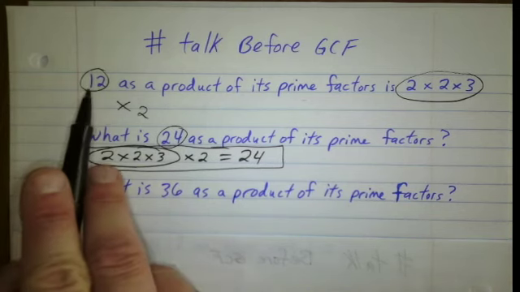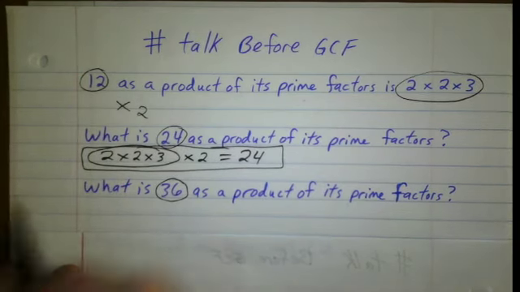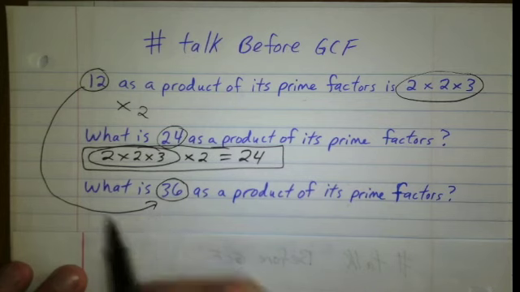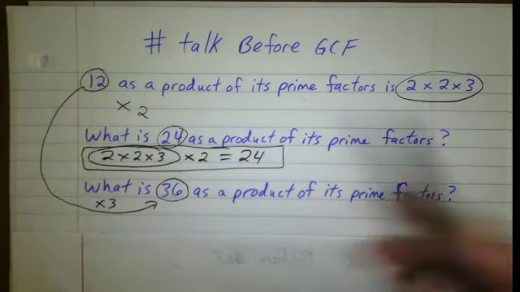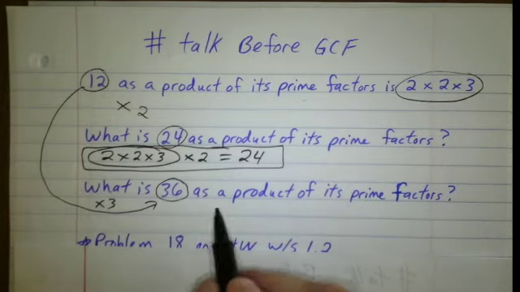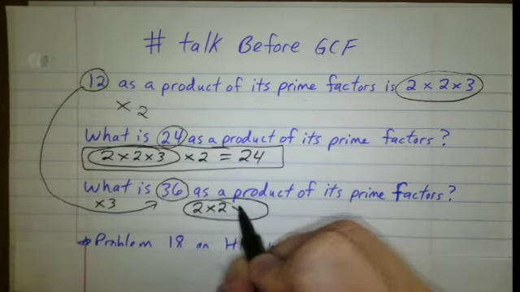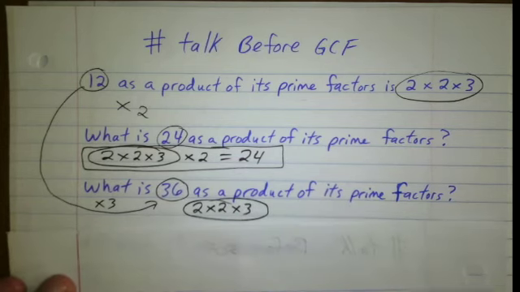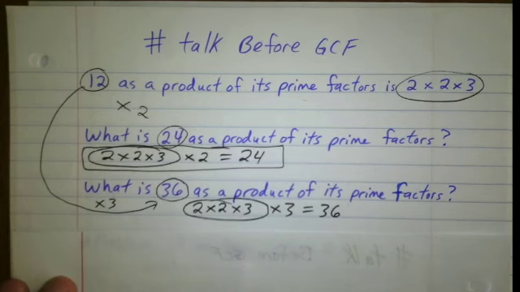What relationship do you have between 12 and 36? Some of you can see, oh yeah, 12 times 3 is 36. So if 12 was all of this, couldn't I just write all of that right in here, 2 times 2 times 3, and now times that by 3 to equal 36.